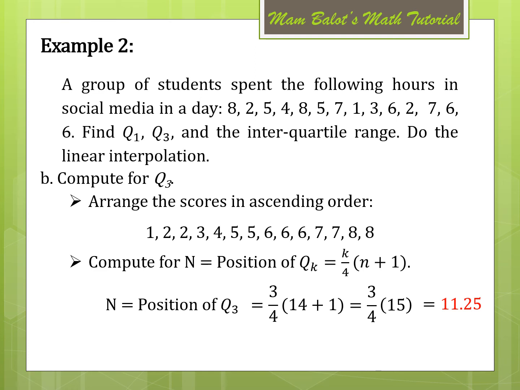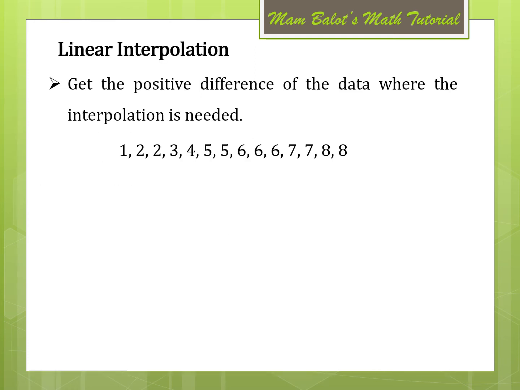So we will now do again the steps of linear interpolation. So first is get the positive difference where the interpolation is needed. So since we get a value of 11.25, the interpolation will take place in the 11th and 12th data, which are both 7.